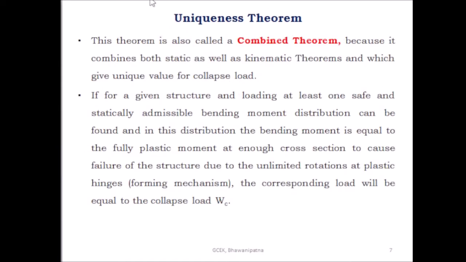Then coming to the uniqueness theorem. This theorem is also called a combined theorem because it combines both static and kinematic theorems and gives a unique value for collapse load. That's why this theorem is called the uniqueness theorem.